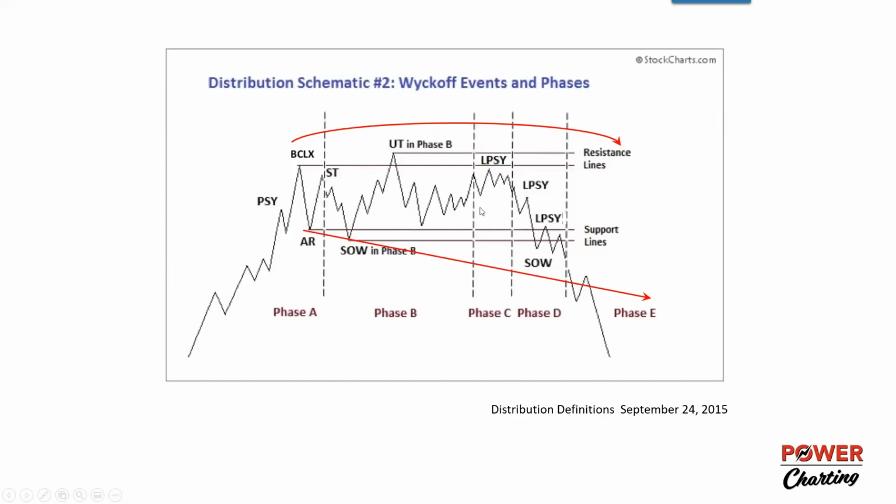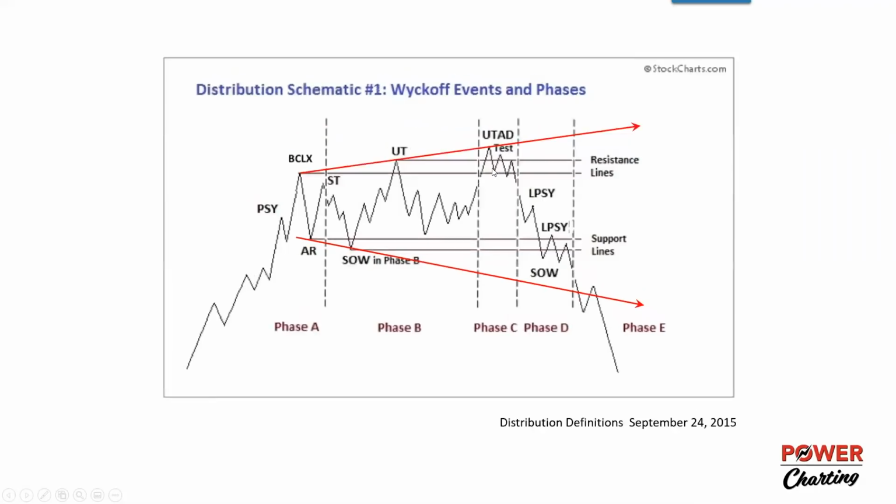This is a classic rounding top type structure with the last point of supply that concludes the advance. Now here is an upthrust after distribution, and we see this often, especially in strongly uptrending markets.